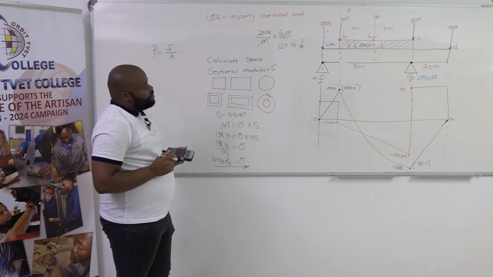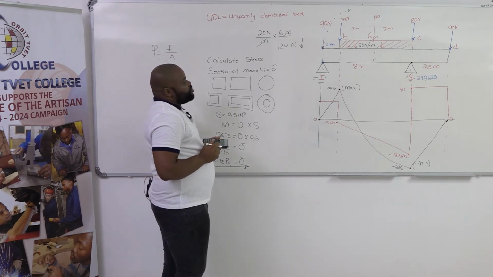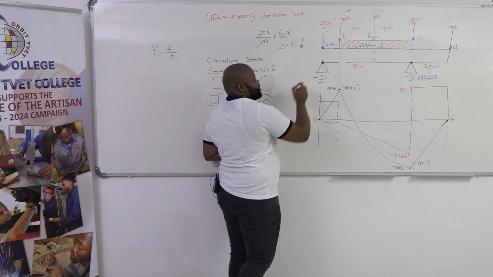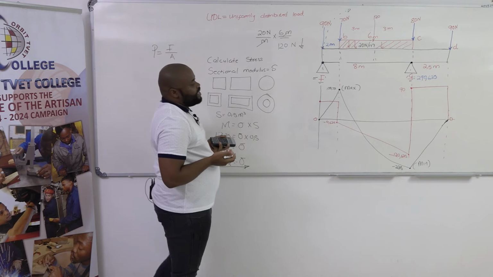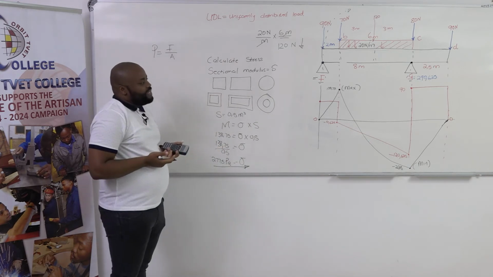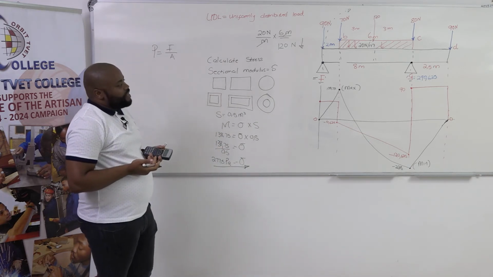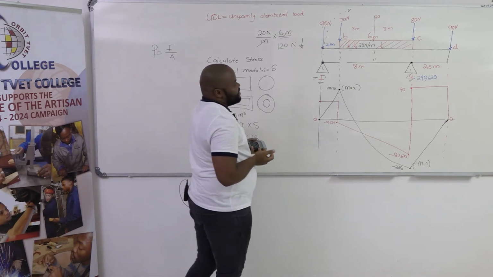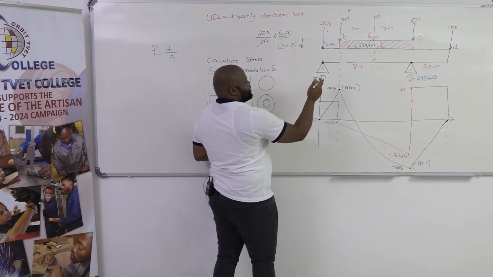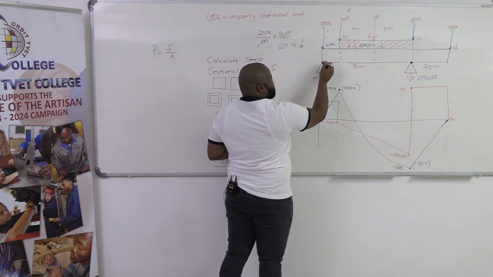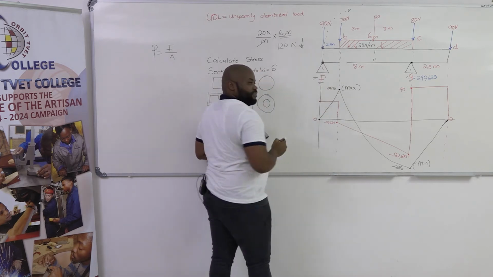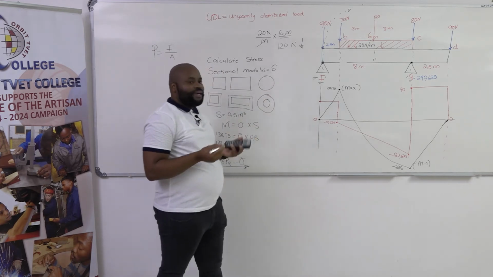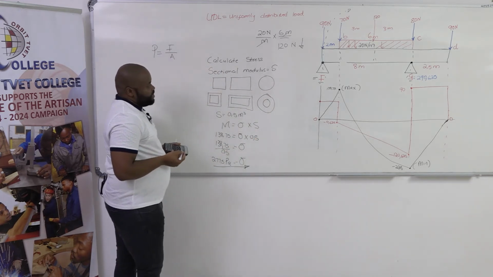Then the next step is that you're now going to make F the fulcrum point. You're going to start by taking moments at F. Remember that a moment is a force that acts at a particular distance around the fulcrum. So when we take moments at F, we make F our fulcrum point.